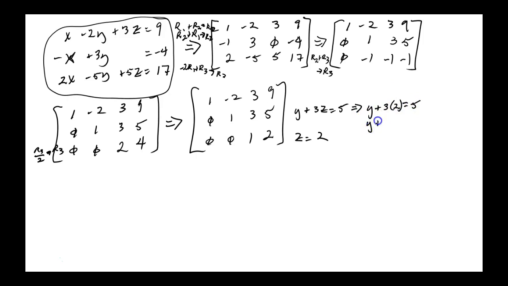That would be y plus 6 equal 5. That would be y is equal to, say again? -1. Done. Okay? Guess what? That's called back substitution. You're substituting going backwards with it. Okay? Next.